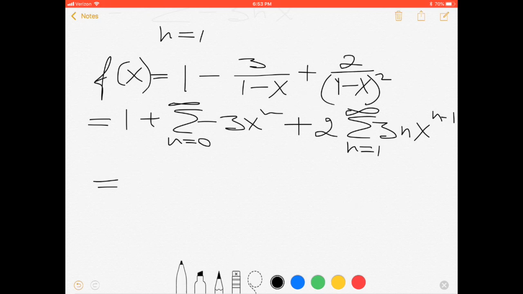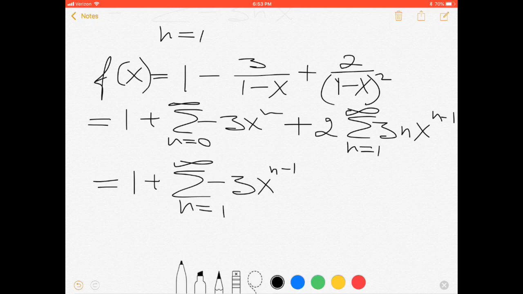Okay. What I'm doing here, I write 1 plus, in this series I write minus 3 x to the power n minus 1, but n starts with 1 to infinity. You see, if you check all terms, these will be the same terms.